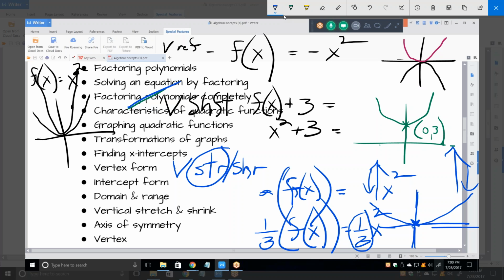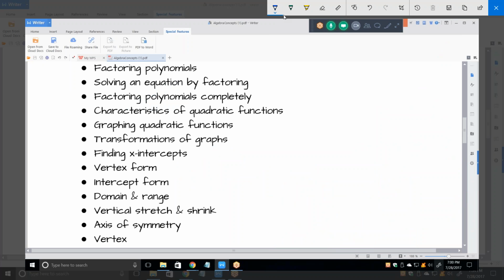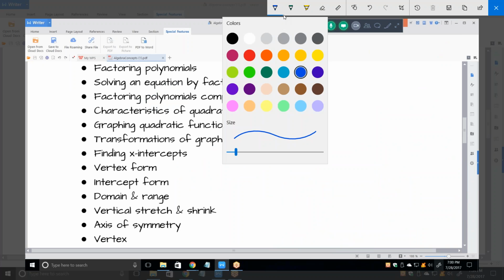A stretch makes it skinnier, and a shrink makes it fatter.